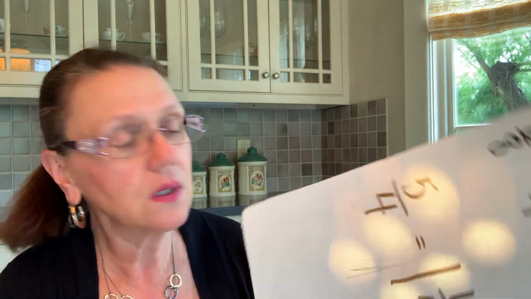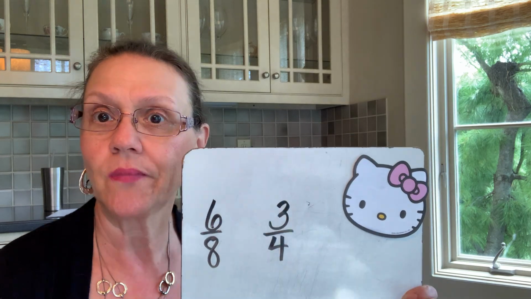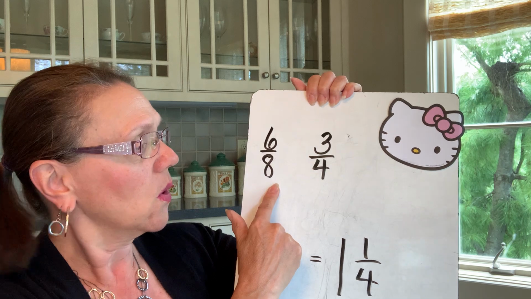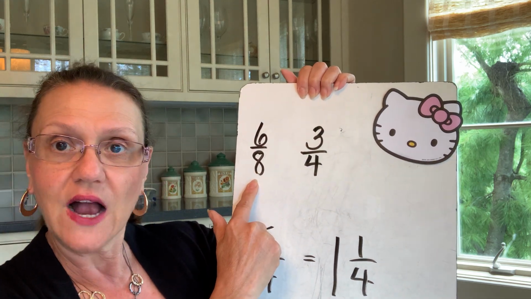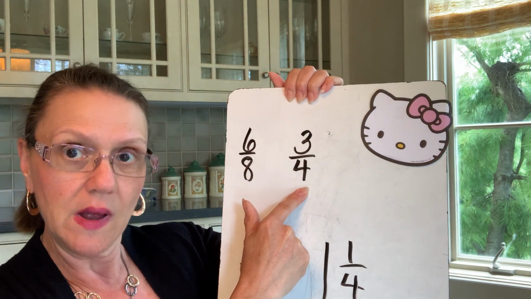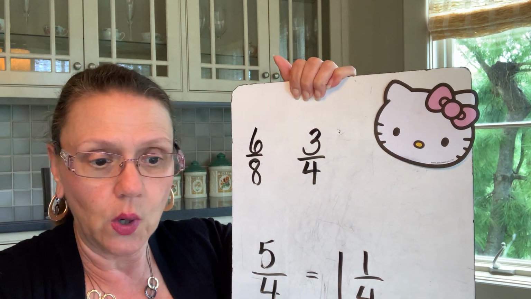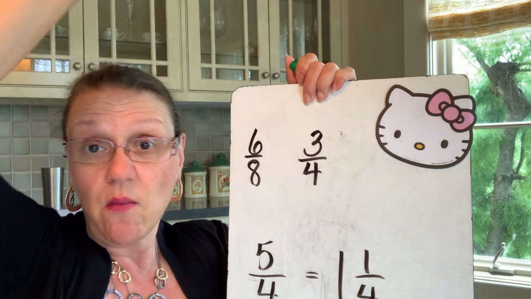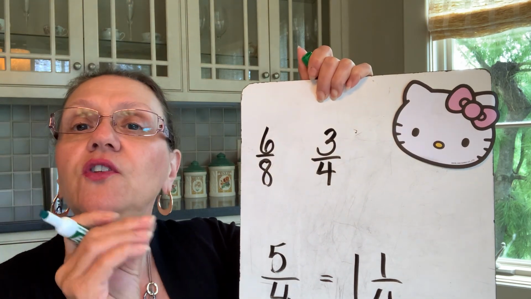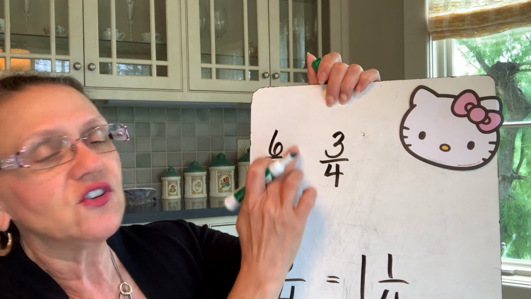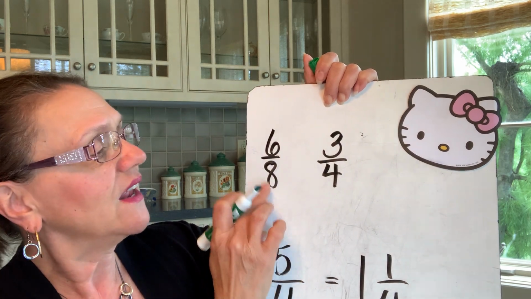So when you're dealing with numbers rather than pictures, if I wanted to show that these are equal and reduce this fraction to its simplest form, and all that means is it can no longer be reduced because it's as simple as it can get, all I have to do is look for the common factor between these 2 numbers, 8 and 6.